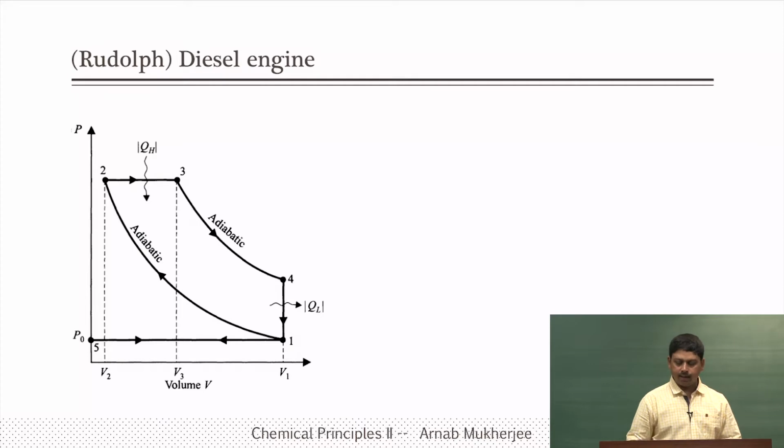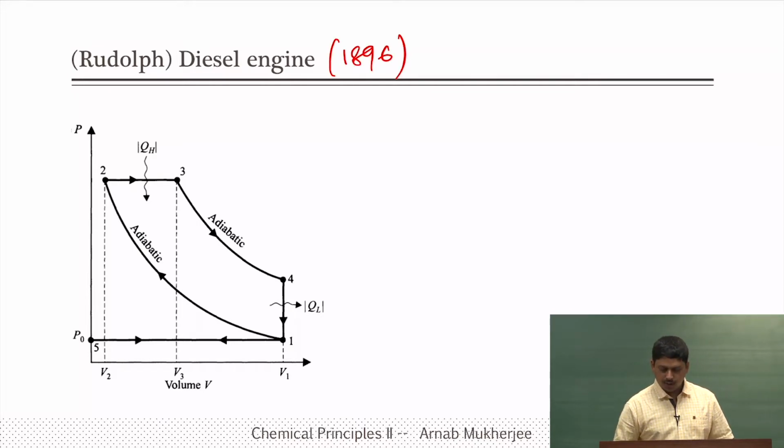So, that is the gasoline engine, and a little bit later, like 20 years down the line, around 1896, Rudolph Diesel proposed another type of engine called the diesel engine, and again we have the diesel cars also which work in that way. So, the difference between the gasoline engine and the diesel engine is that in the diesel engine only air is taken in, not the air-fuel mixture.